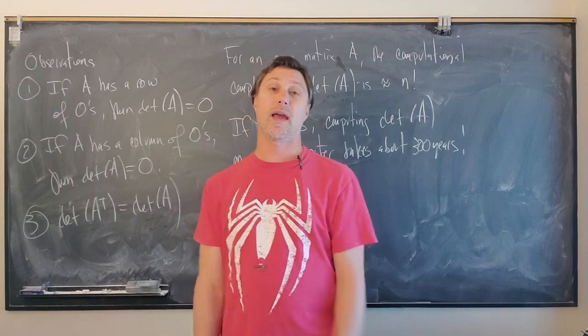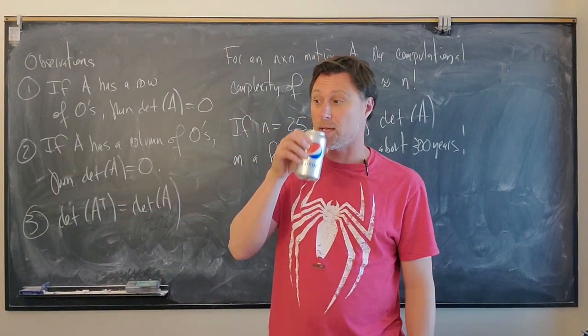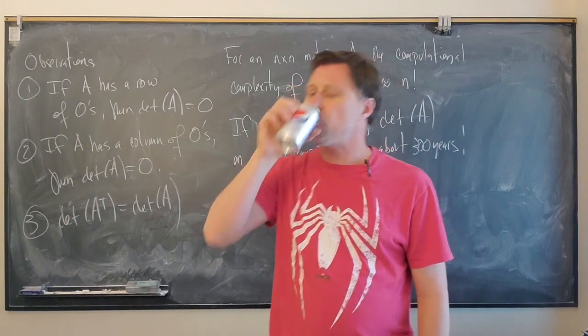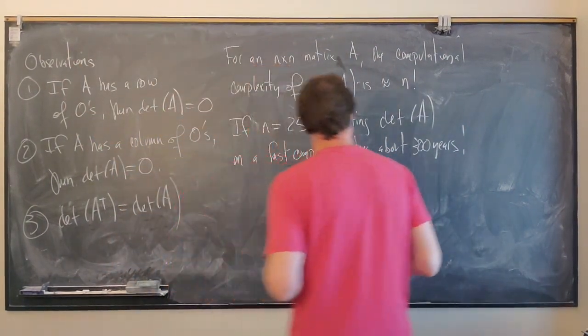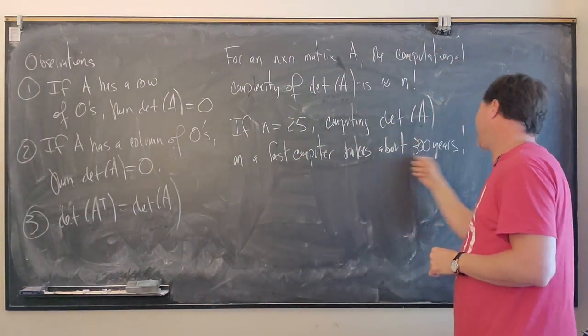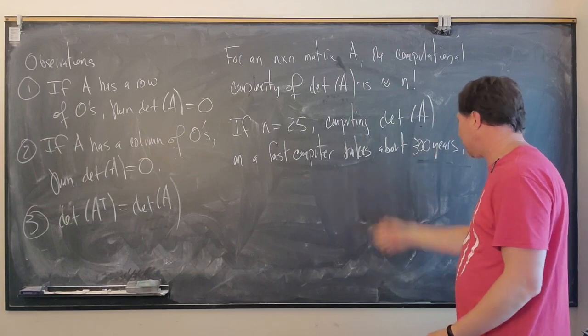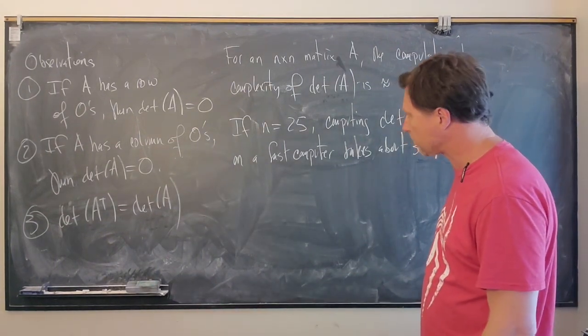So, as matrices get big, computing a determinant takes a long, long time. If you just take a random 25 by 25 matrix, you're never going to get it done. It'll be dead before we're done figuring out what the determinant is.